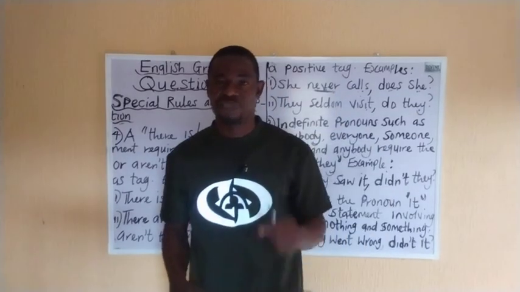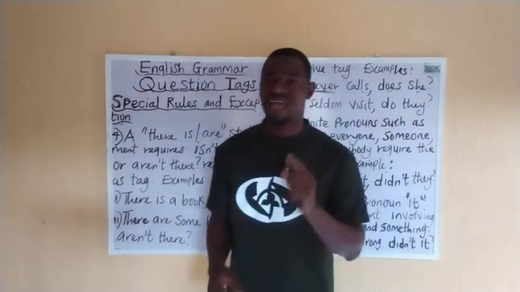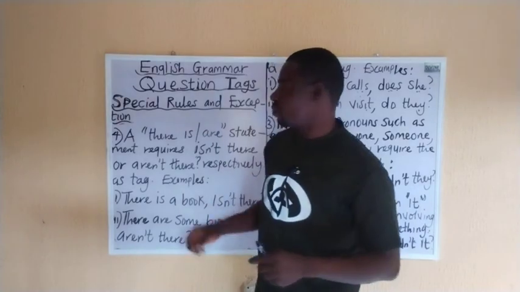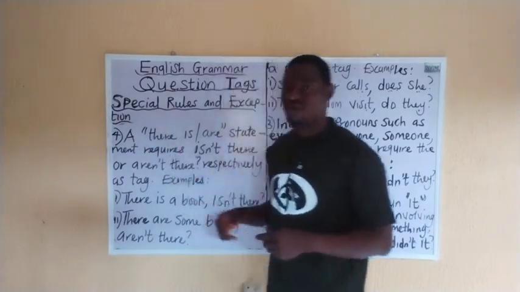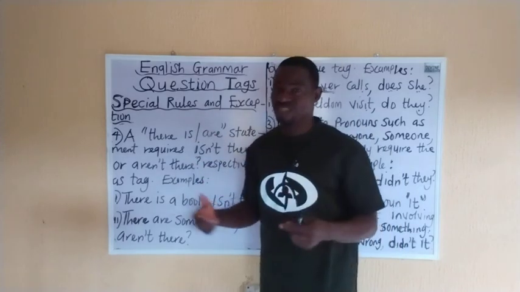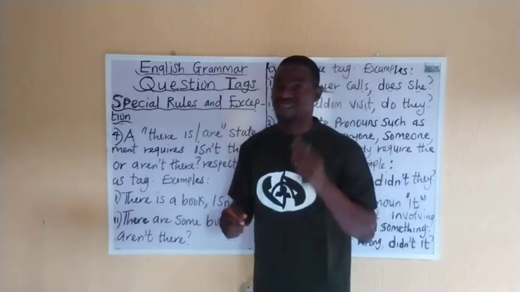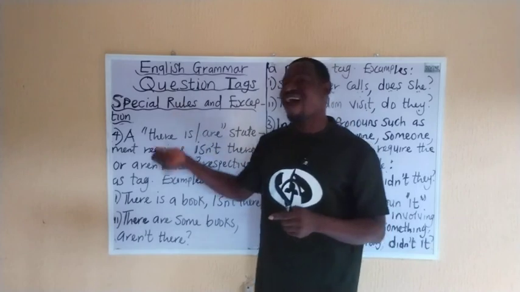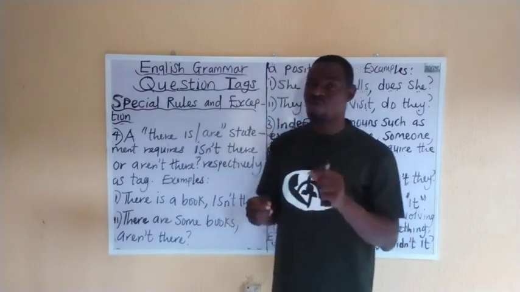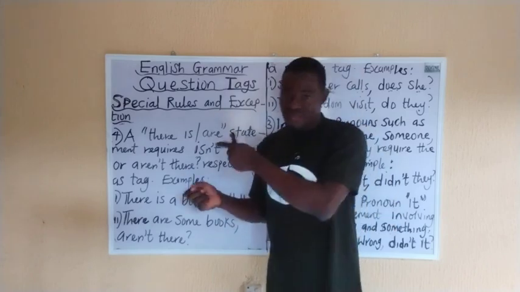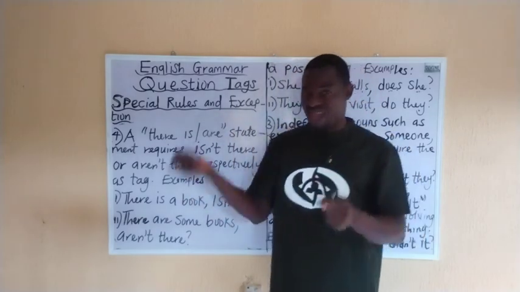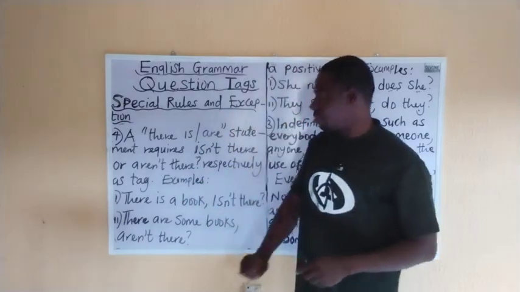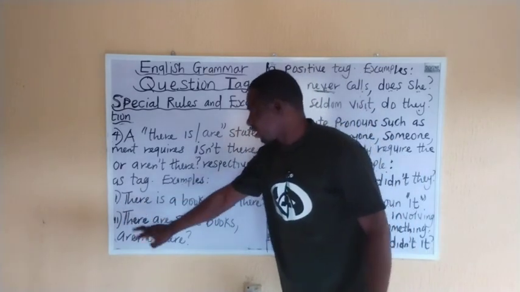The last special rule of question tags says that where there is a there is or there are statement, in other words, a statement involving there is or there are, the question tag will be isn't there or aren't there respectively. Let's see an example. Remember figure 1.